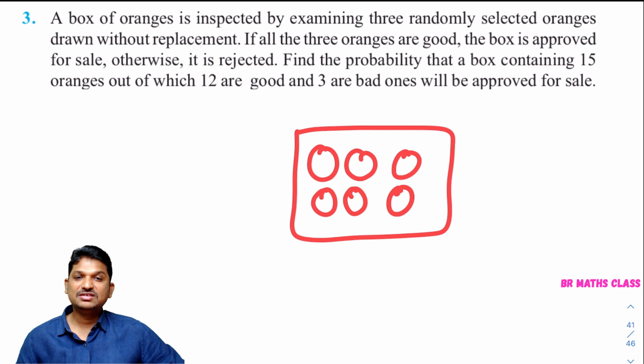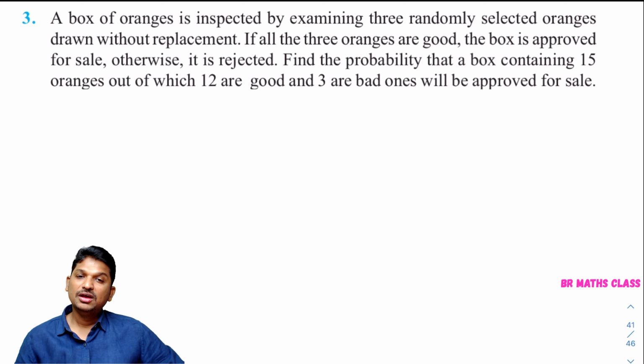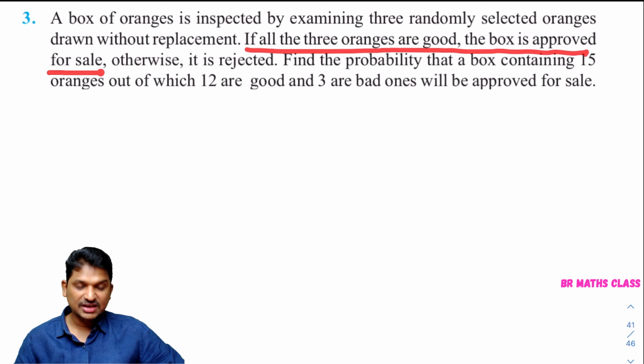You will pick 3 oranges randomly, not by saying which one is good or bad, without replacement. Without replacement, that is important. If all 3 oranges are good, then the box is approved for sale. Otherwise it is rejected.